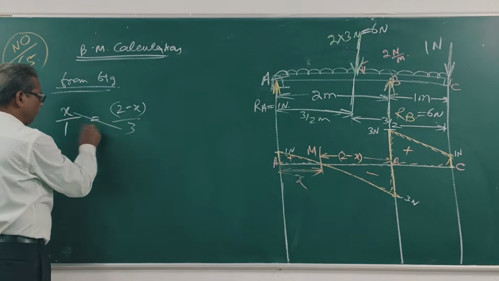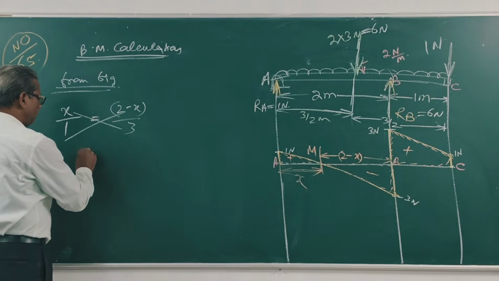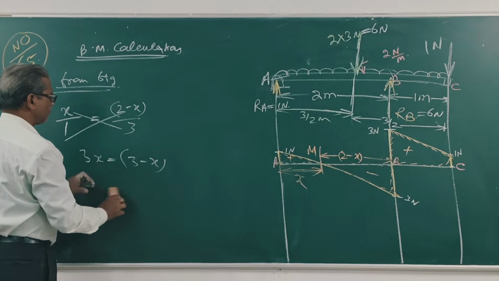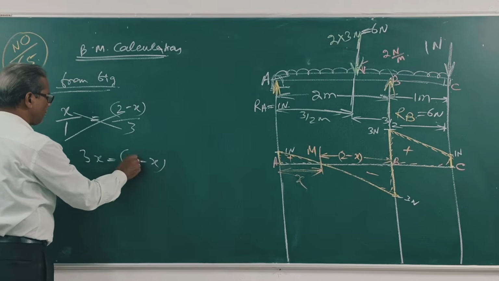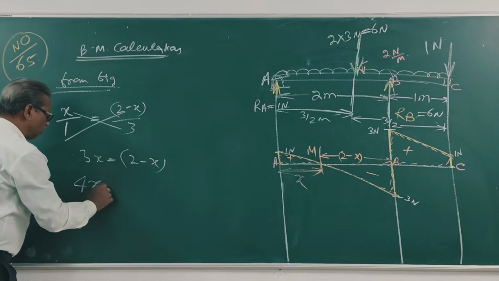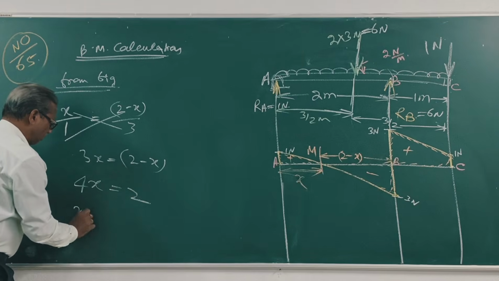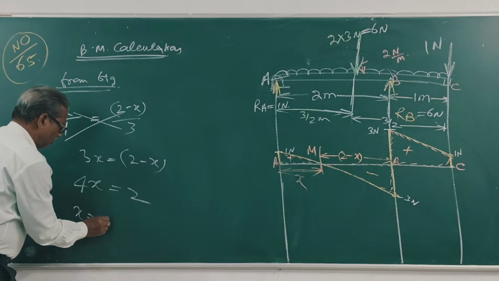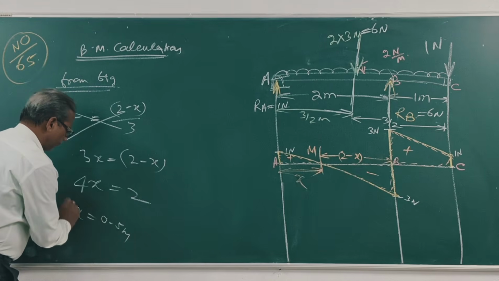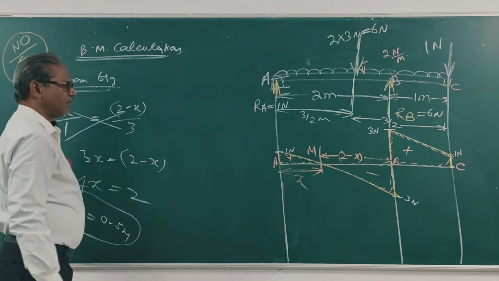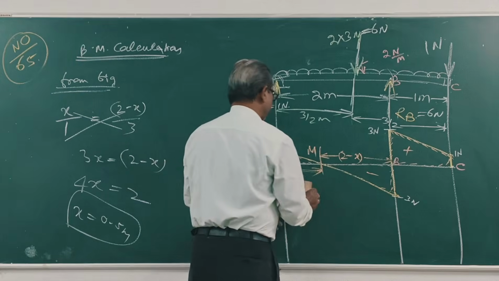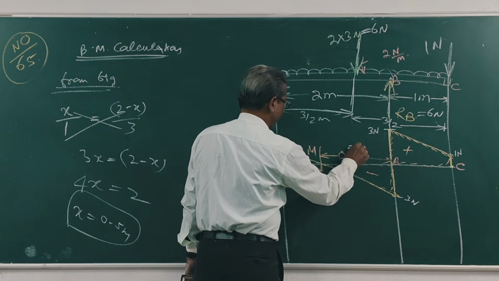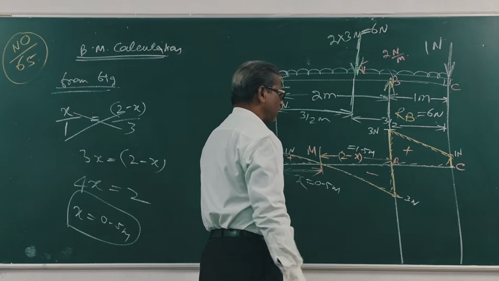Clear? So make a cross multiplication. So 3x is equal to 2 minus x. So 4x is equal to 2. What is x equal to? 2 by 4, 1 by 2, 0.5 meter. Clear? This is 0.5 meter. This is 1.5 meter, 1.5 meter.